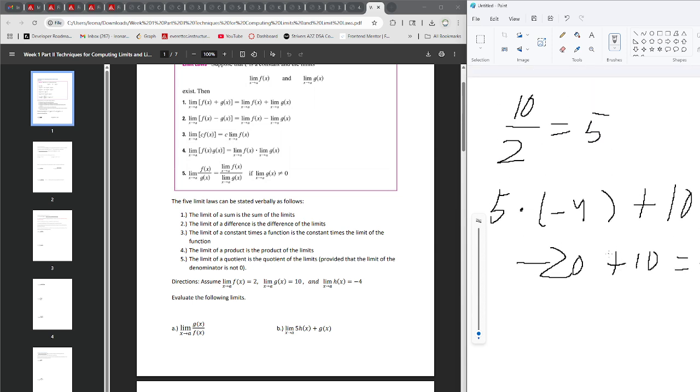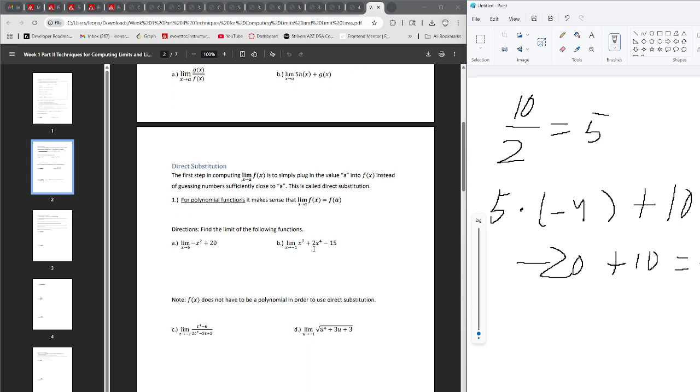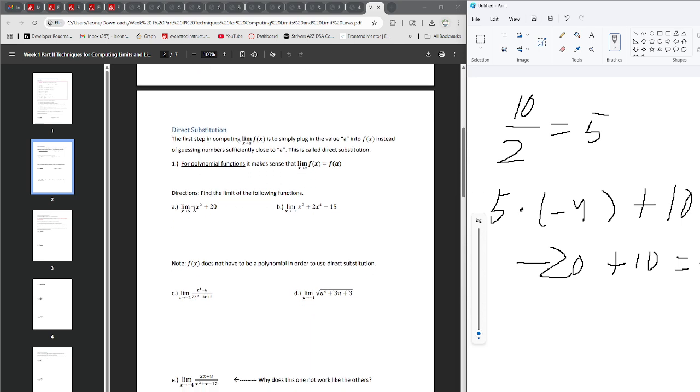My handwriting is really bad on MS Paint. Direct substitution. So here, we're literally just plugging it in. Negative 6 squared, which is negative 36. I think something that trips up people here is it's not negative x squared, it's negative x, squared.